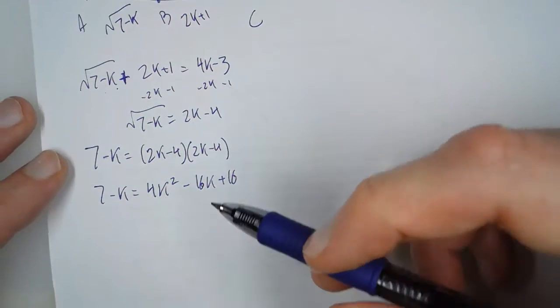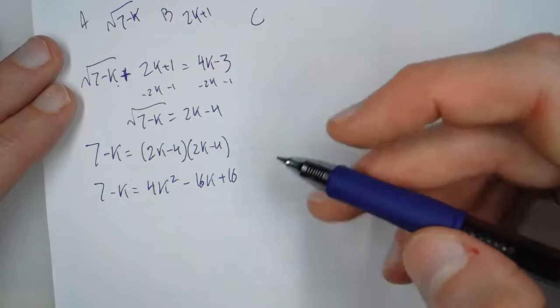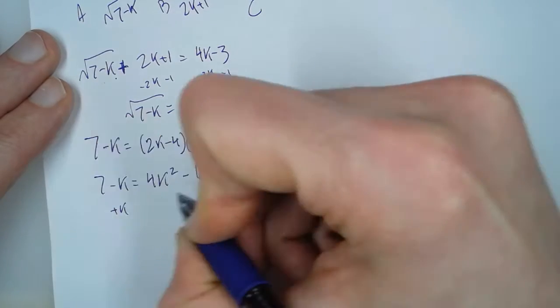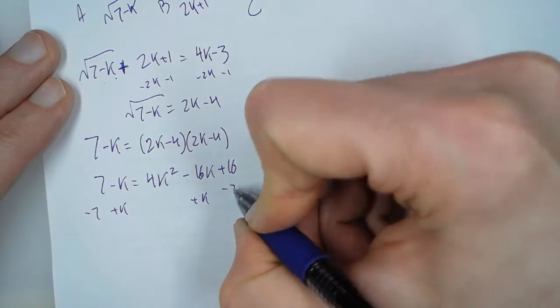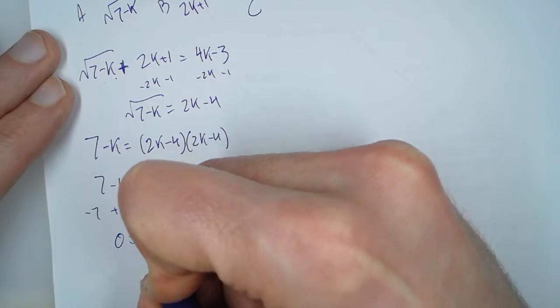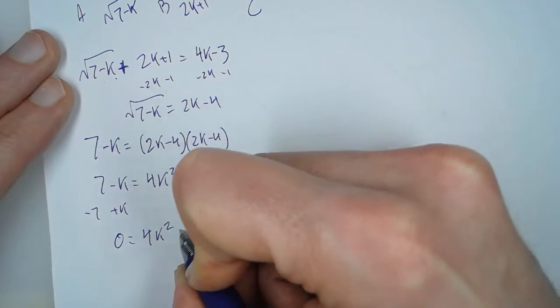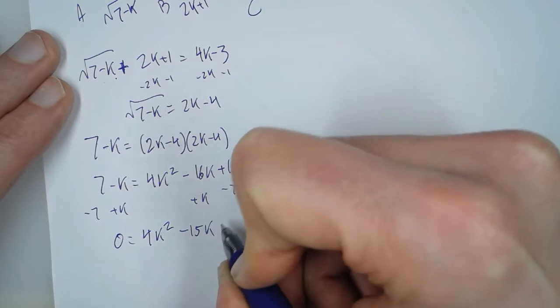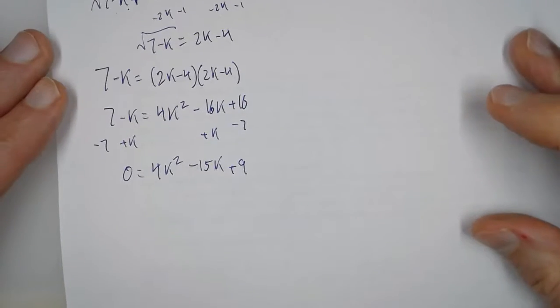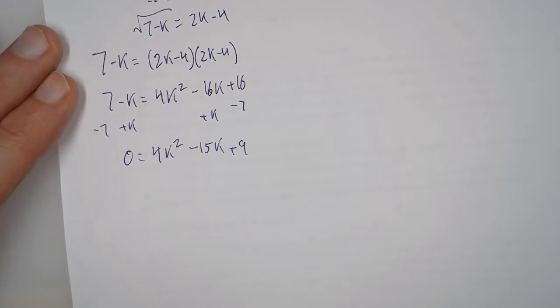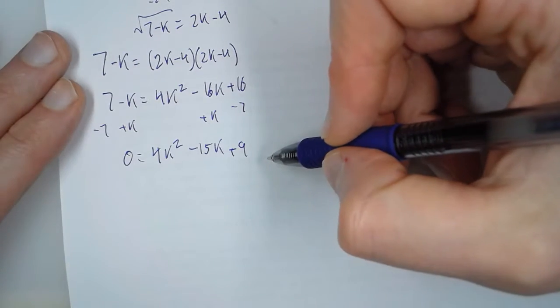Now because we have a quadratic here, we need to get this equal to 0. So we have to add k to both sides, and we have to subtract 7. So we have 4k squared minus 15k plus 9.